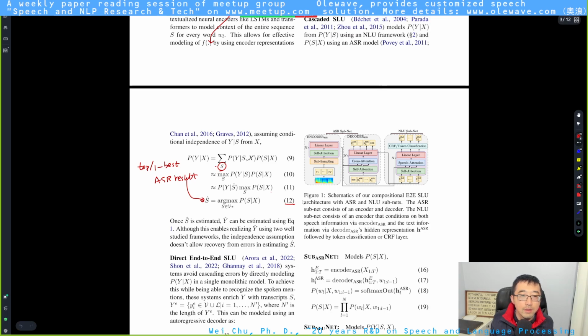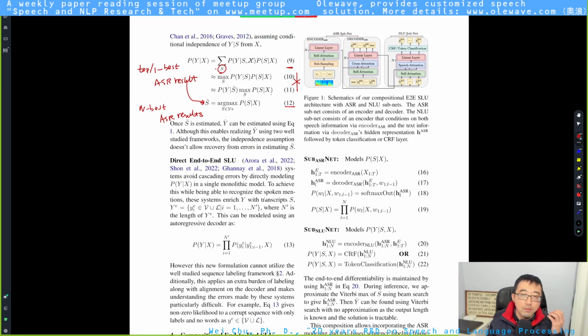So lots of the time people are using n-best ASR results, okay? So you can have multiple hypotheses, okay? So you can go with equation number 9. You don't have to go from equation 10 to 11. Okay?